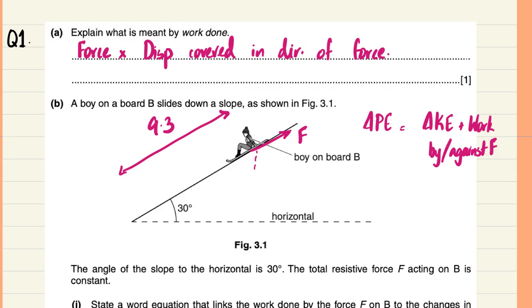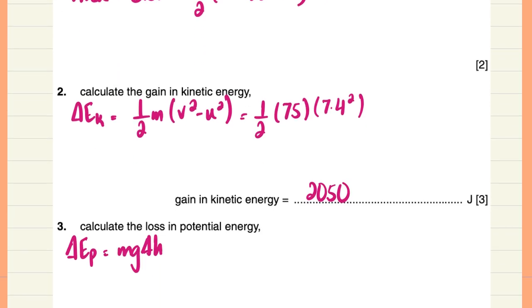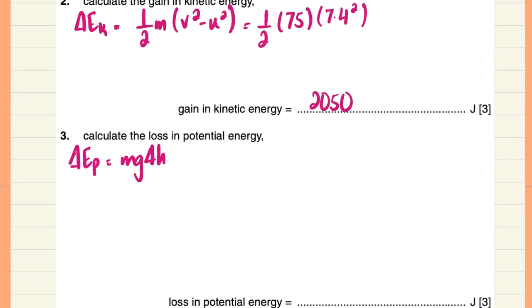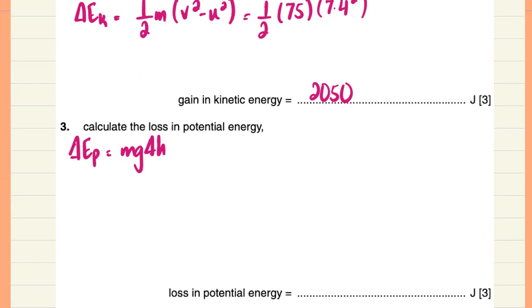I would need this vertical distance. For this triangle, this is the hypotenuse, and this is what I need. Pretty similar to vectors, you can see that this is going to be 9.3 sine 30. So mg delta H, m was 75 into 9.81 into the answer which I found, which was 9.25 sine 30.